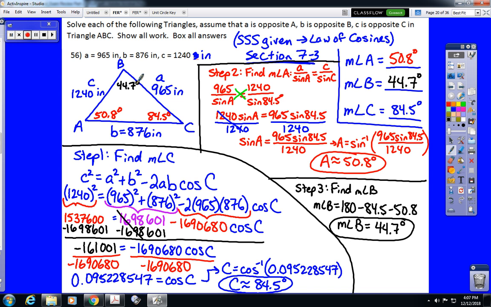And there you have it. That is a solved triangle. So I'll pause here for a minute in case you want to pause the video and absorb that work a little bit. And then I'll move on to the next problem.